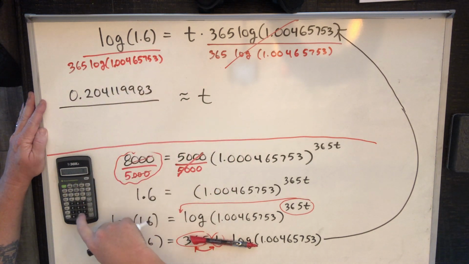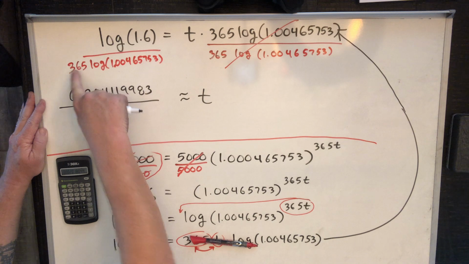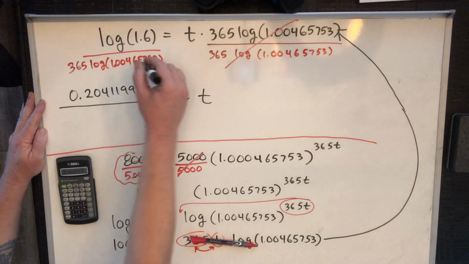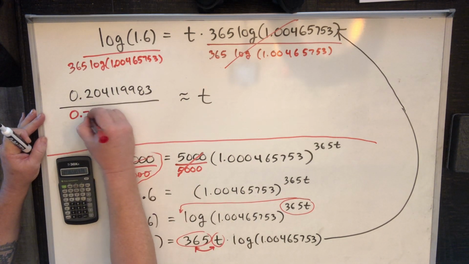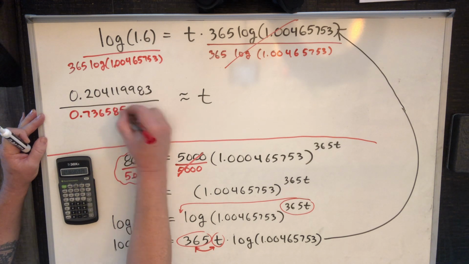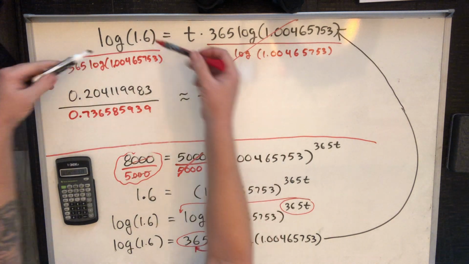The denominator, I'm going to do log of 1.00465753. So that's the log, and then I'm going to go ahead and multiply it by 365 while I have it on my screen. So now this denominator becomes 0.73658539. So can you keep track of that?